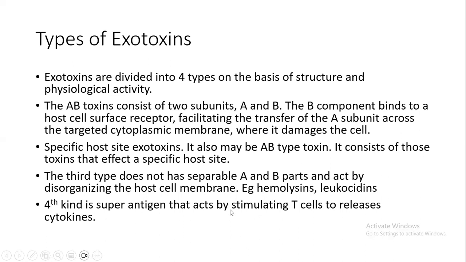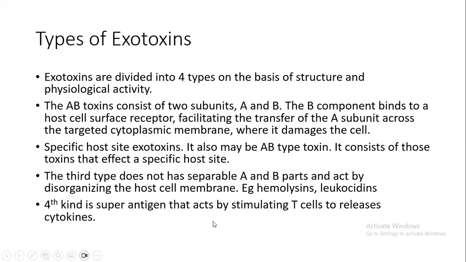The second category is specific host site toxins. These also might be AB type toxins, but they consist of those toxins that will affect a specific host site only. Then the third type of toxin does not contain a separable A and B part.